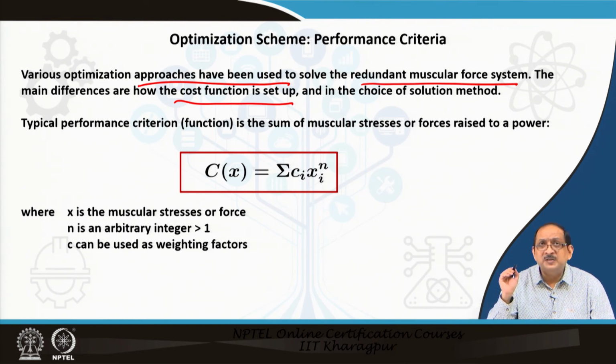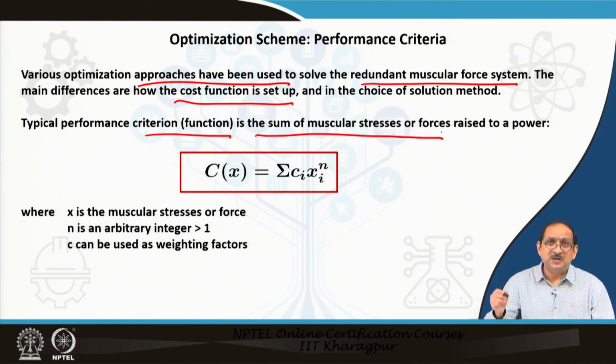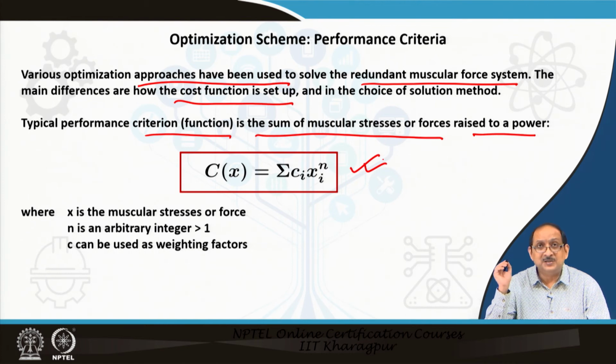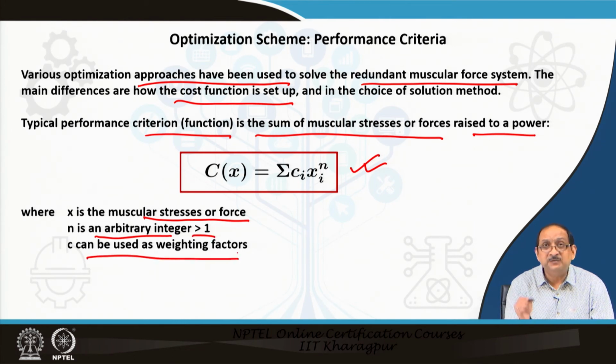Typical performance criteria or function is the sum of muscular stresses or forces raised to a power as indicated in the slide, where x is the muscle stress or force, n is an arbitrary integer greater than 1, and c can be used as a weighting factor.